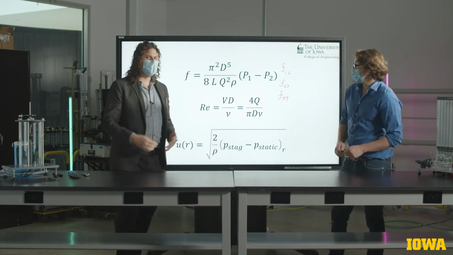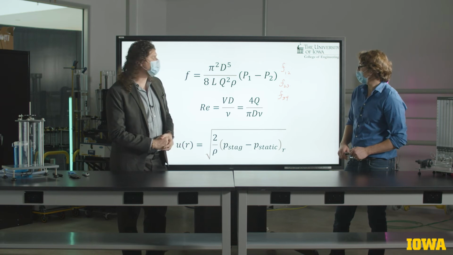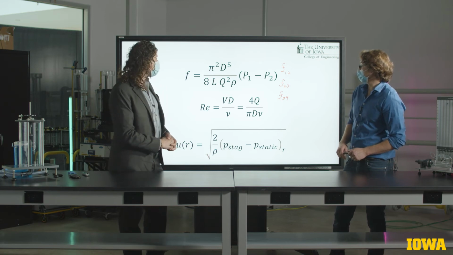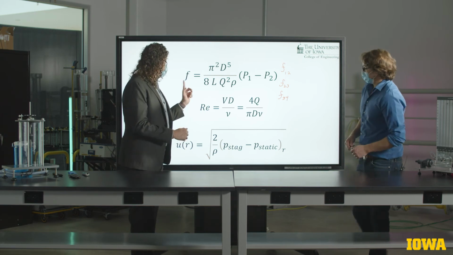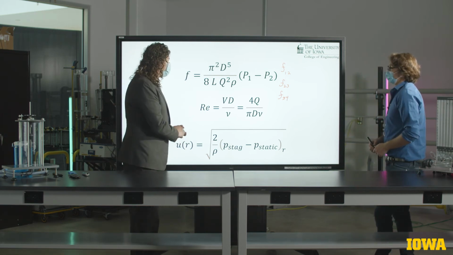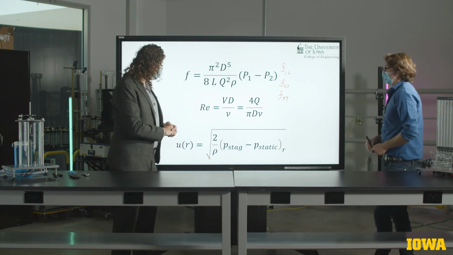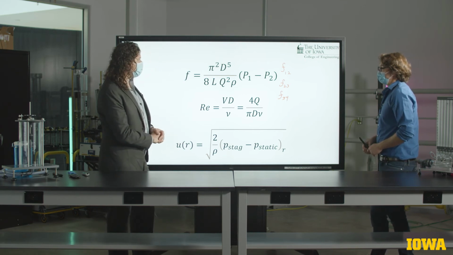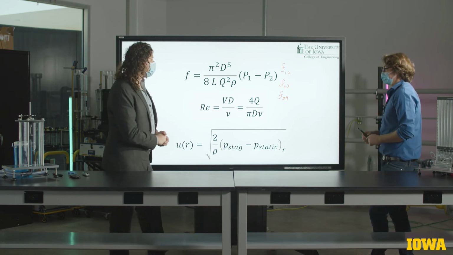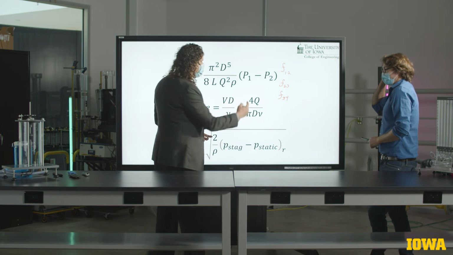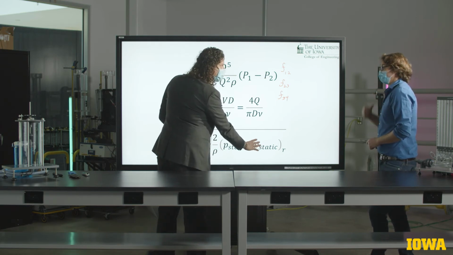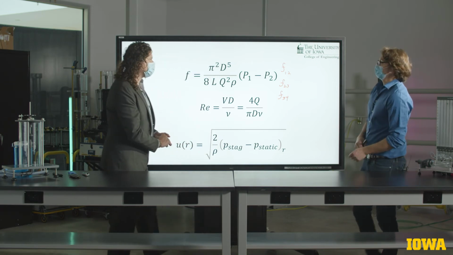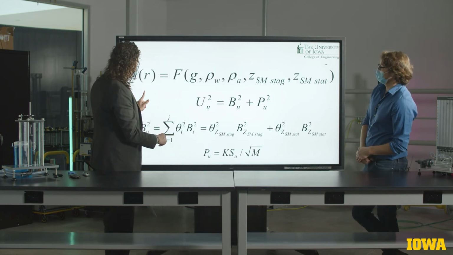So once again, we find ourselves with our data reduction equations, which we can use to determine the precision with which we can estimate our friction factor and our velocities in the pipe. They will depend on our ability to measure pressures precisely at different points, or, like you indicated, the difference between two pressures in different locations.